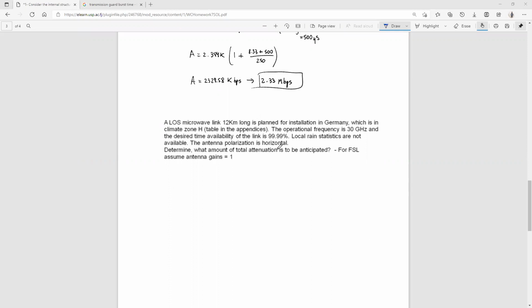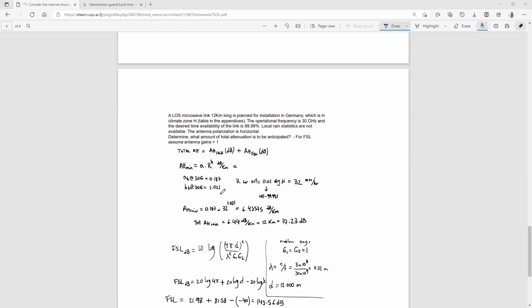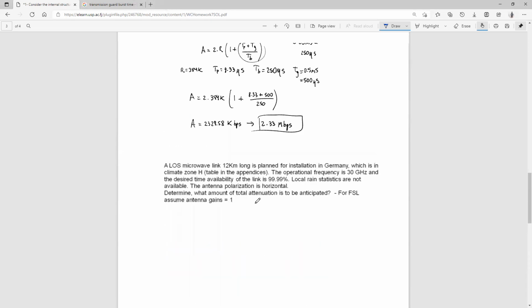It is the outage time. In this particular case, it will be 100 minus 99.99, which is basically 0.01%. So the outage time is basically equal to 0.01% of the time.